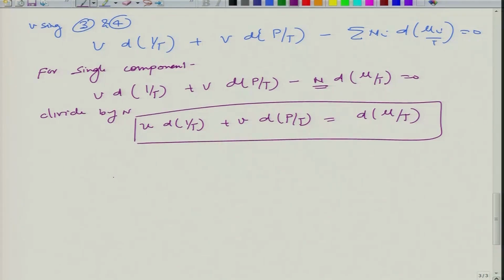Taking this forward, now let us consider an ideal gas. So, consider a simple ideal gas, or monatomic in some sense, okay. Now, this is characterized by two equations.